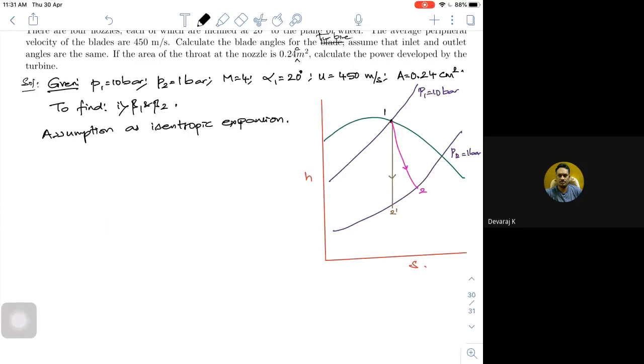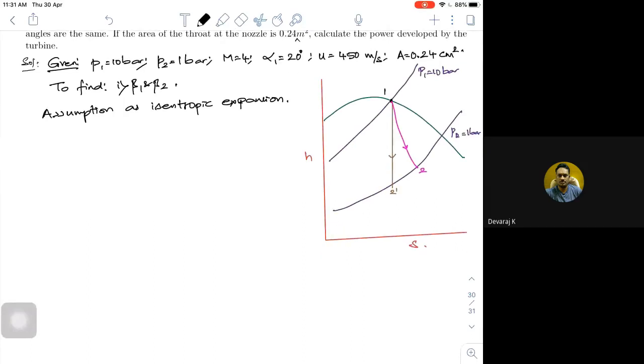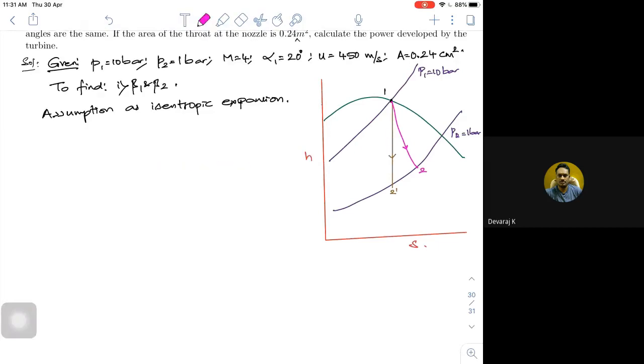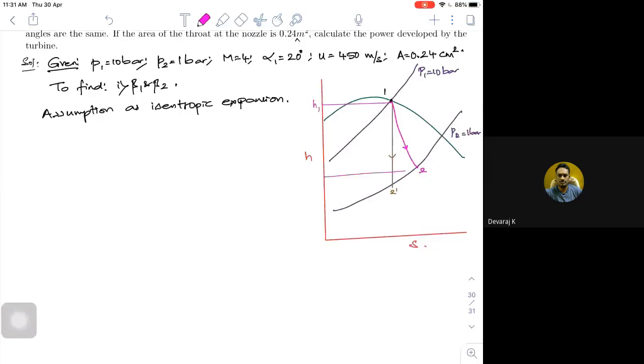Now, what is there at the 10 bar? If I draw a horizontal line on the Mollier diagram, I will get H1, and if I draw the corresponding horizontal line, I will get H2.